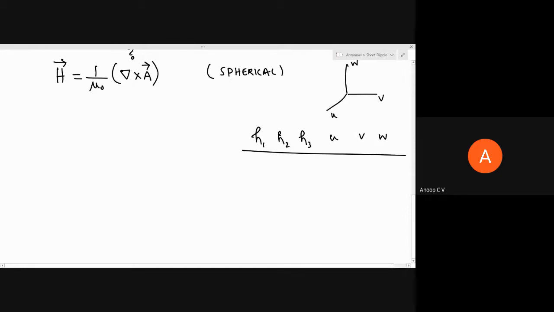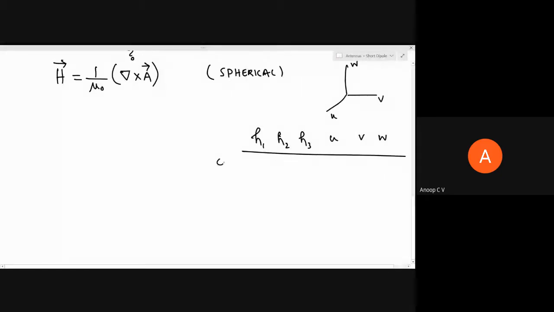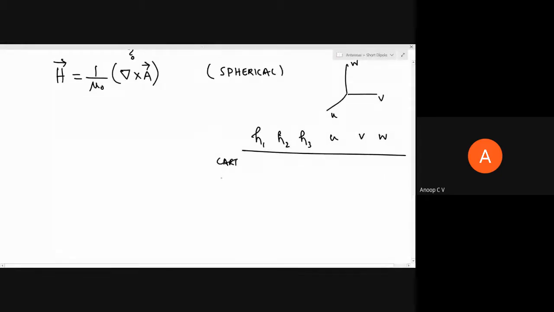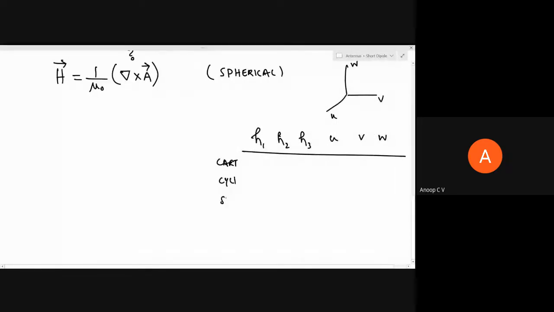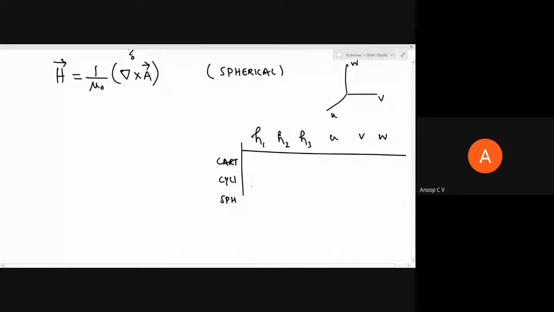So can anyone help me out in filling this? For Cartesian, what is this H1, H2, H3? Cartesian, cylindrical, and spherical. Please do help me out. We have seen this yesterday. So if I may ask Savan, can you please tell me what is H1, H2, H3, U, V, W in Cartesian?